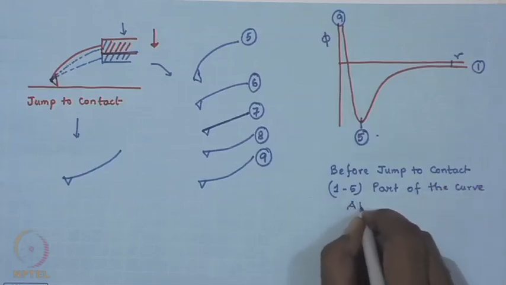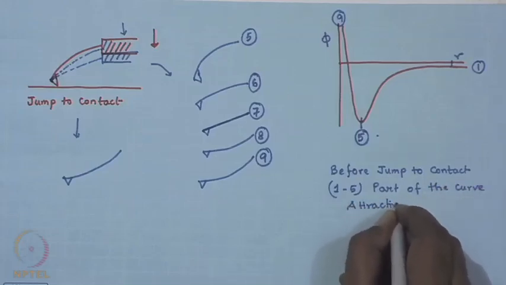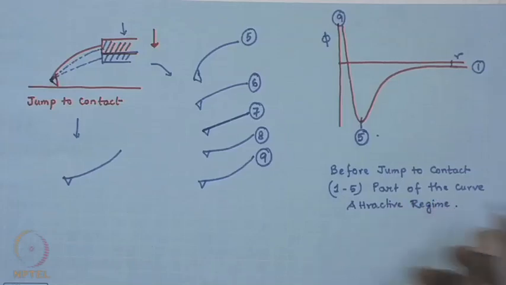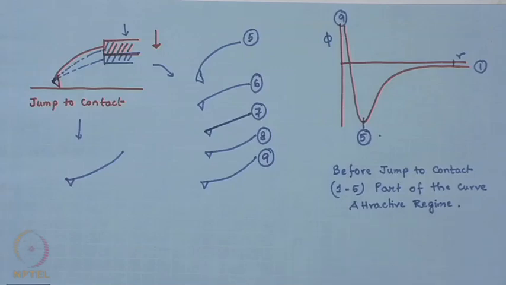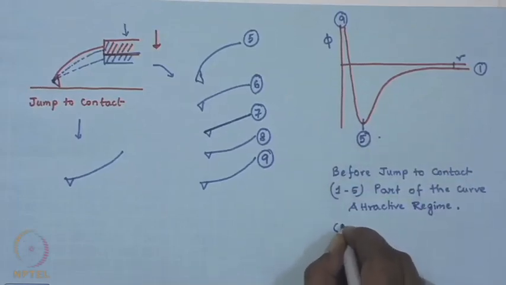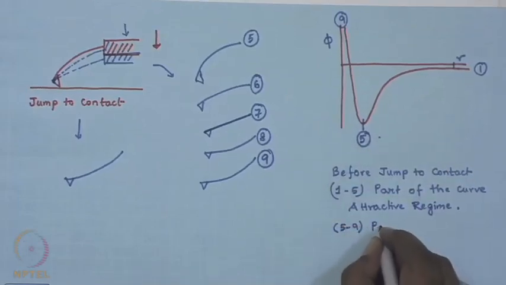That is the attractive part of the curve. Now, once the jump to contact has been achieved and the stepper motor still pushes your tip downwards, you are actually traversing the 5-9 part of the curve.